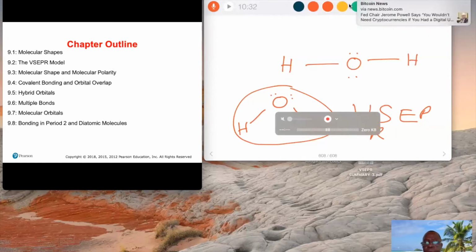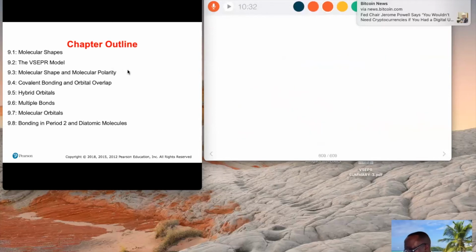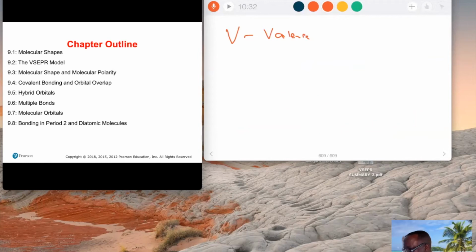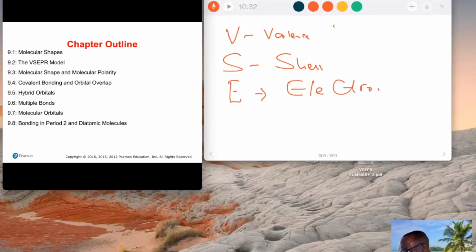In 9.2, we look at the valence shell electron pair repulsion model. You may see VSEPR: V stands for valence, S is for shell, E is for electron, P for pair, and R is for repulsion.